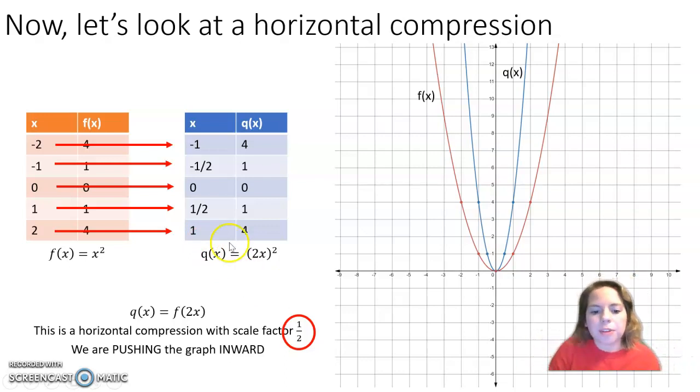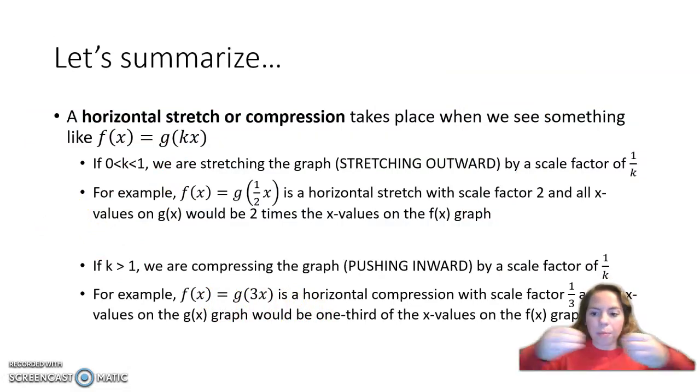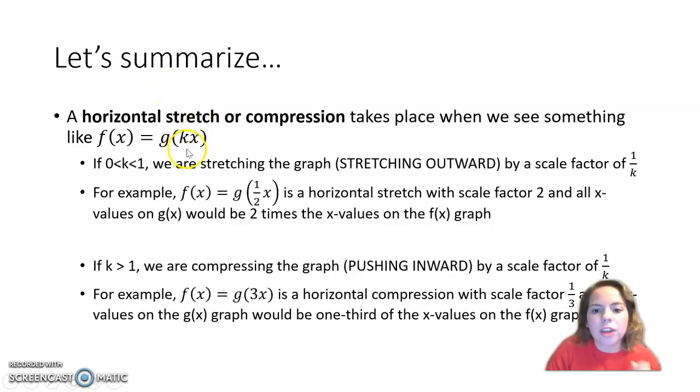So as we start to summarize this, when I'm thinking about a horizontal stretch, it's like I'm pulling outward. And again, horizontal, side to side. So it's like I'm pulling outward, and then the compression is like you're pushing inward. So specifically for horizontal stretch or compression, that k value is inside of the parentheses with the x. That's how we know we're affecting the x values. That's why it's a horizontal transformation.